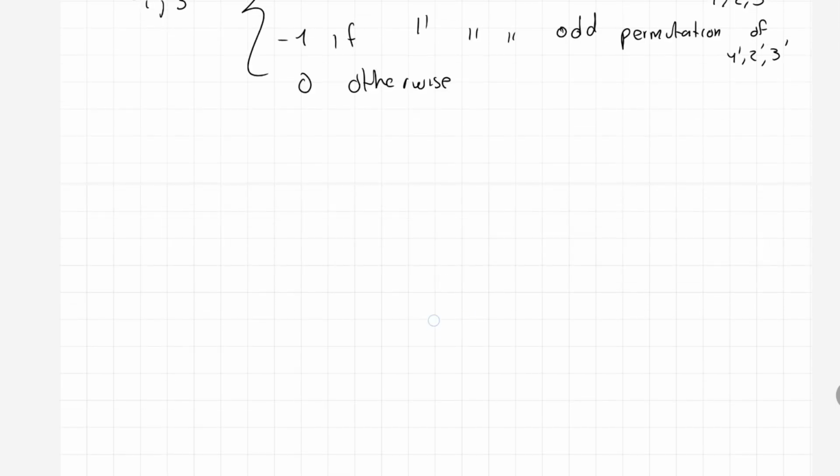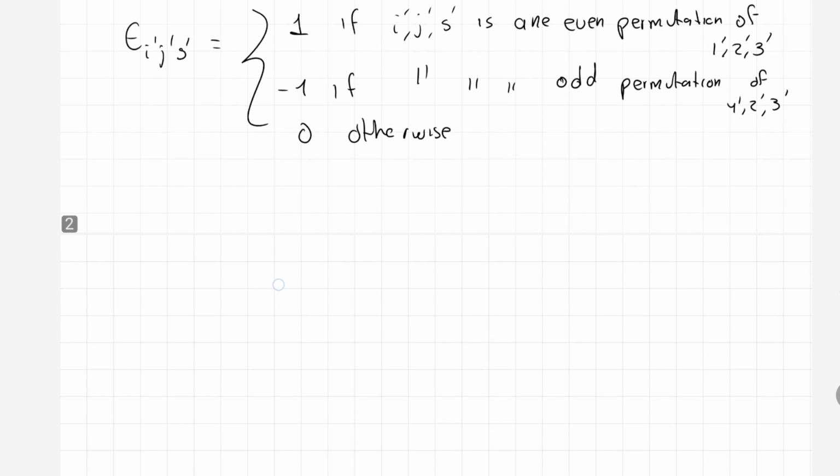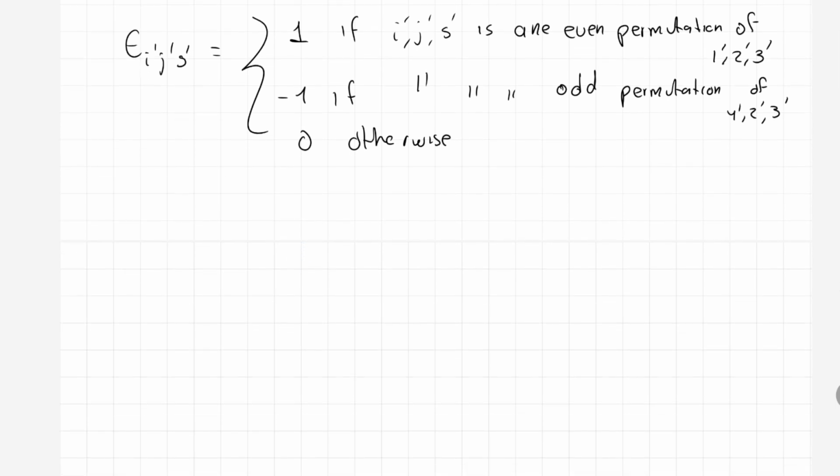I will write the name of the book in the description of the video. Another thing that you need to know is that the Levi-Civita symbol is invariant under cyclic permutations. That means that, for example, if we have the order 1, 2, 3, it will be the same as having 3, 1, 2, and the same as 2, 3, 1.